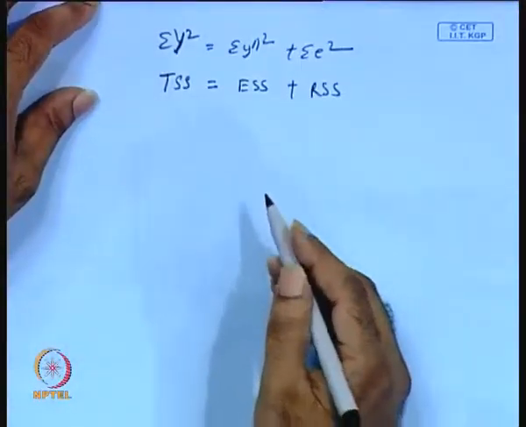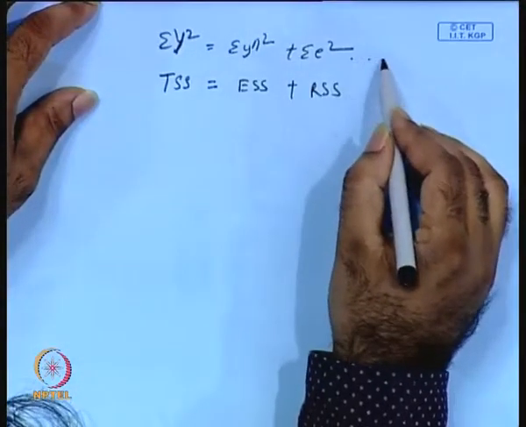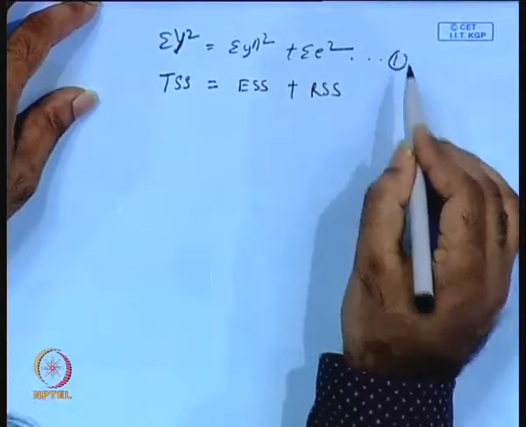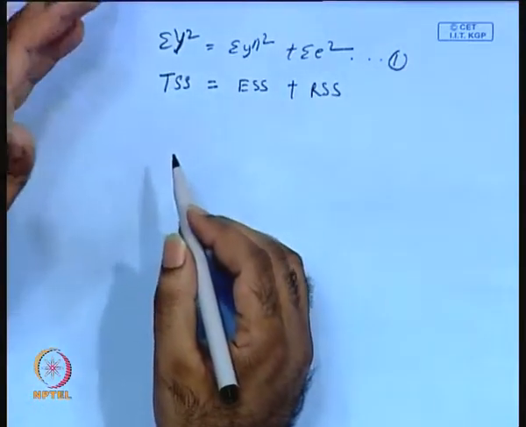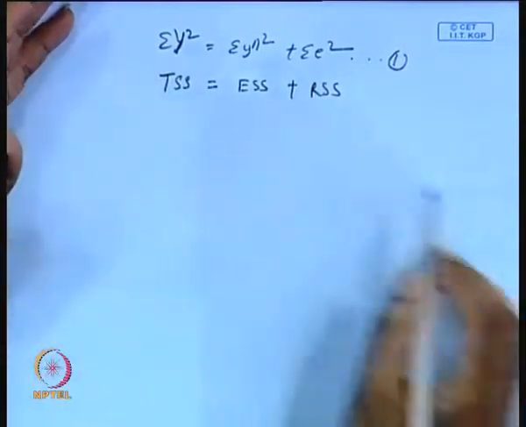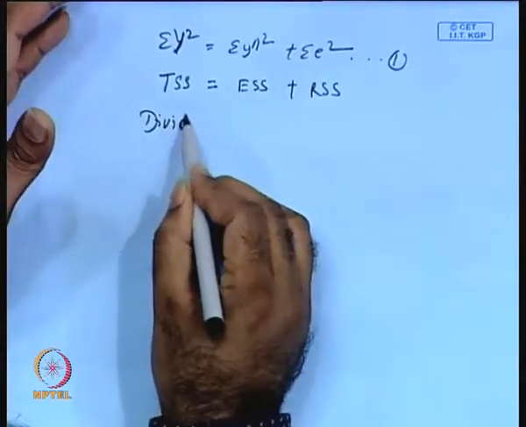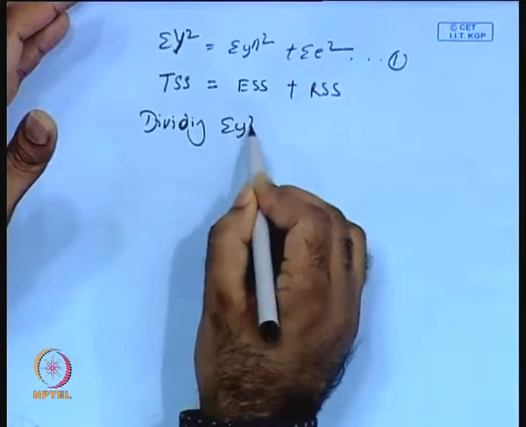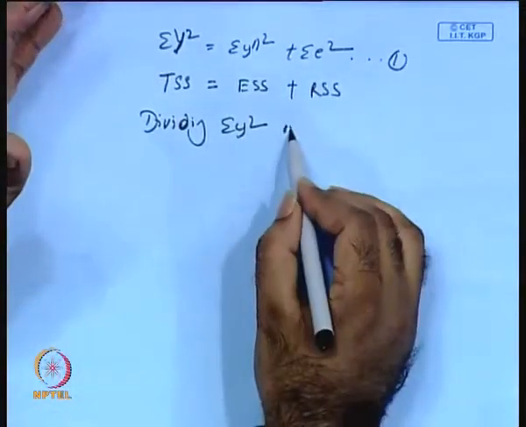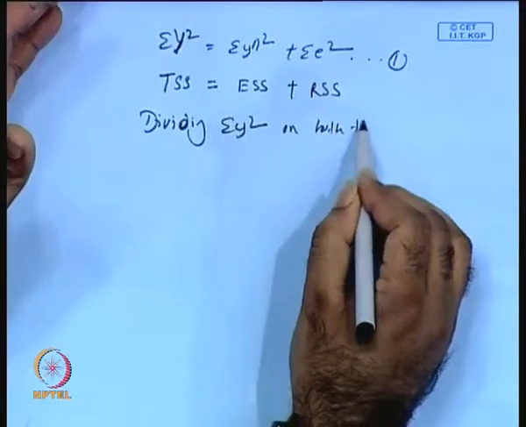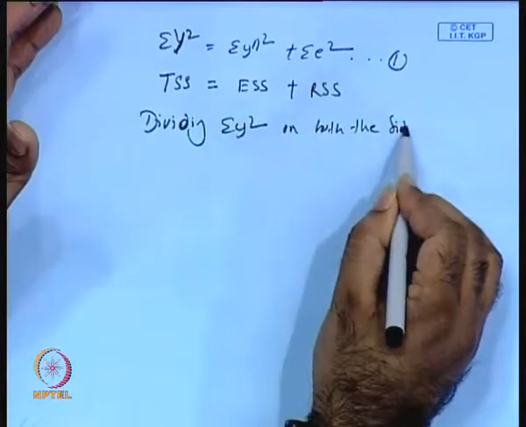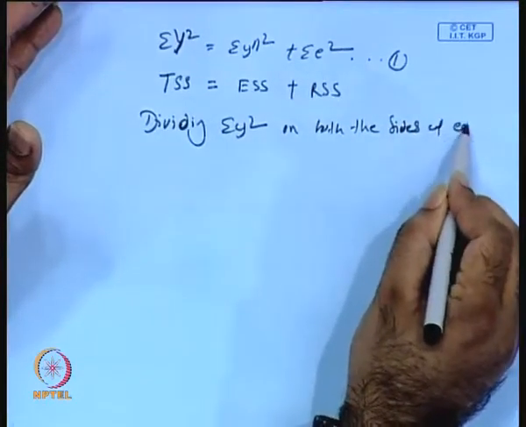Now put it technically. Let's assume that this is equation number 1. I will divide by summation y squared on both sides of equation 1.